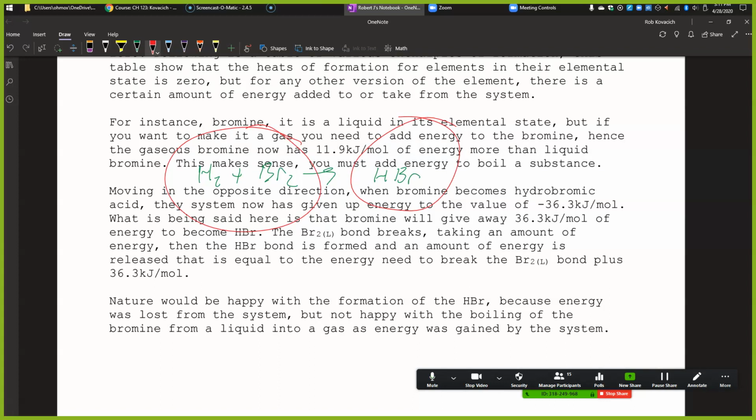In what way? Elements versus compounds. Elements versus compounds. This and this are organized. We get that? All the H's are in one section and all the Br's are in one section. They are not connected to each other yet. And now over here, I've mixed them together.